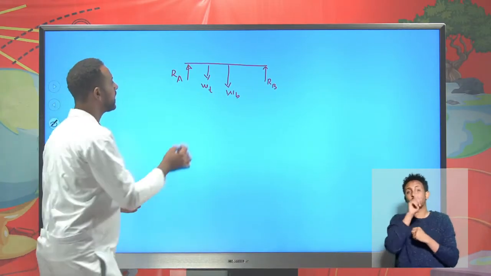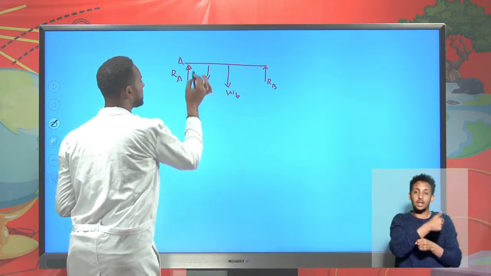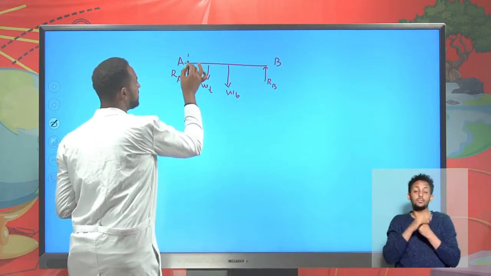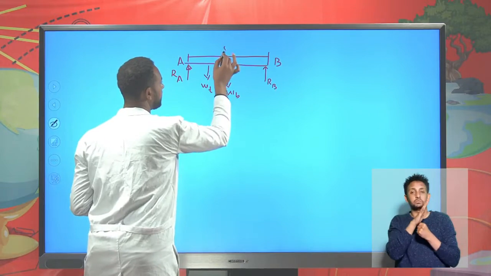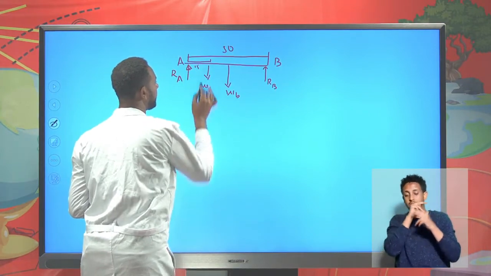Now the question is, find the reaction force at support A and support B. It is 50 meter in total, and from this to this is 15 meter.